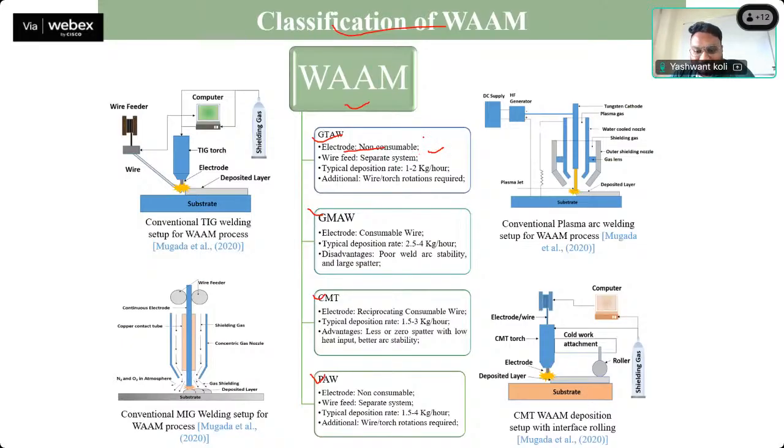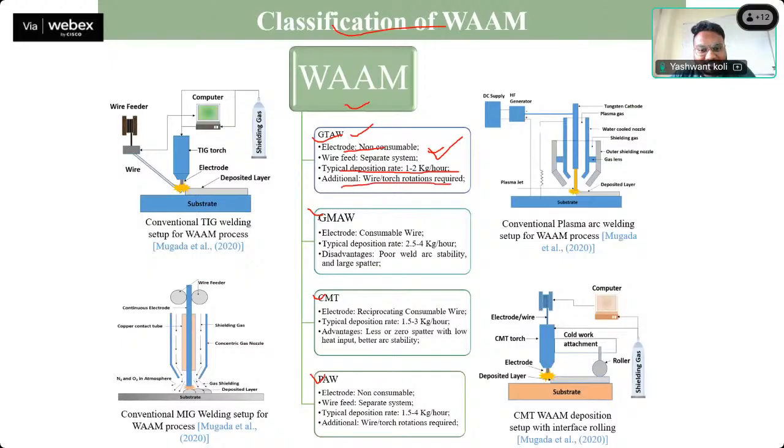So that is also automated nowadays. For fine processes we can use automated GTAW, but it has some limitations because it has a very low deposition rate, low meaning 1 to 2 kg per hour. But with CMT we can achieve approximately 5 to 6 kg per hour maximum.